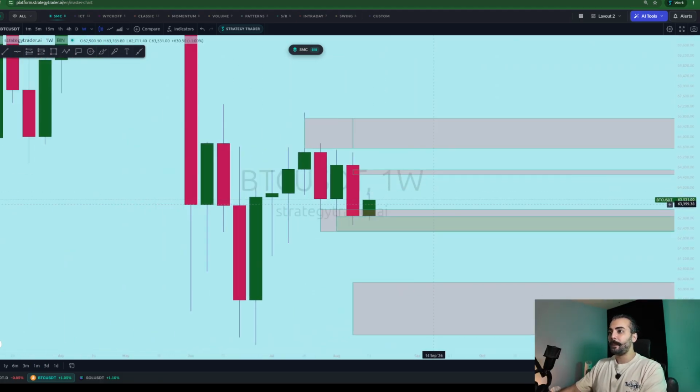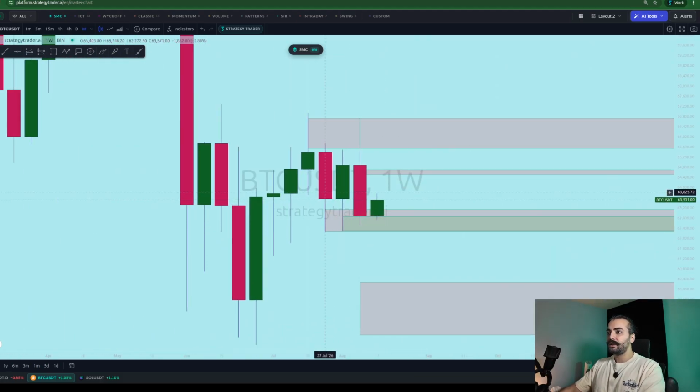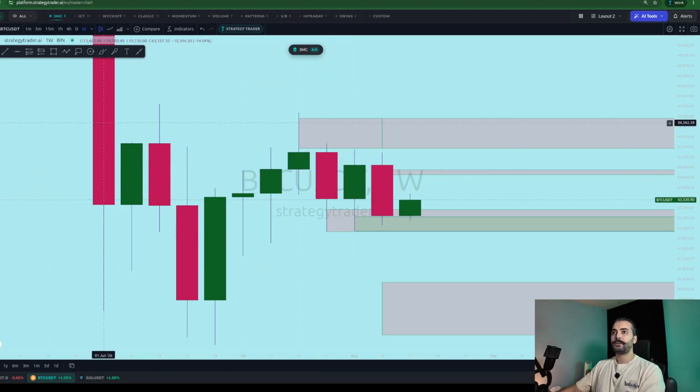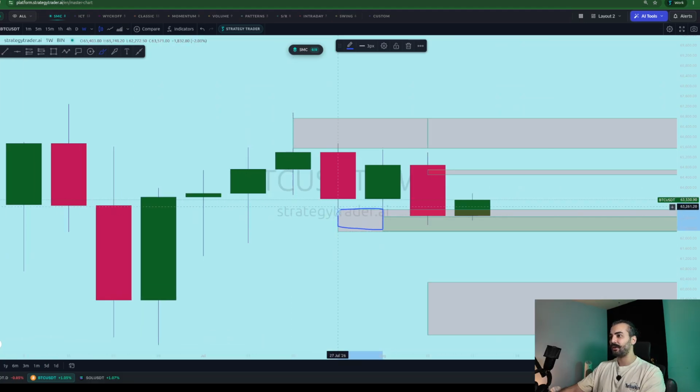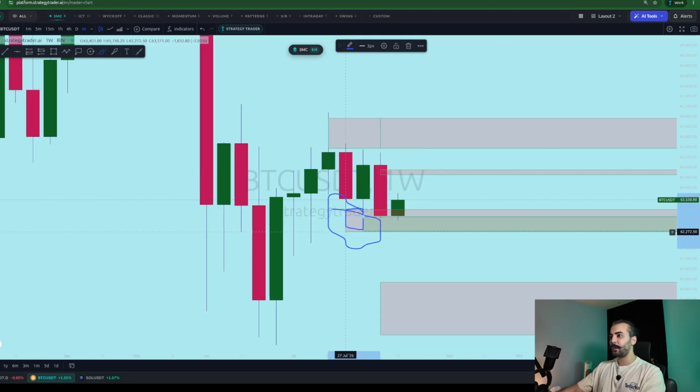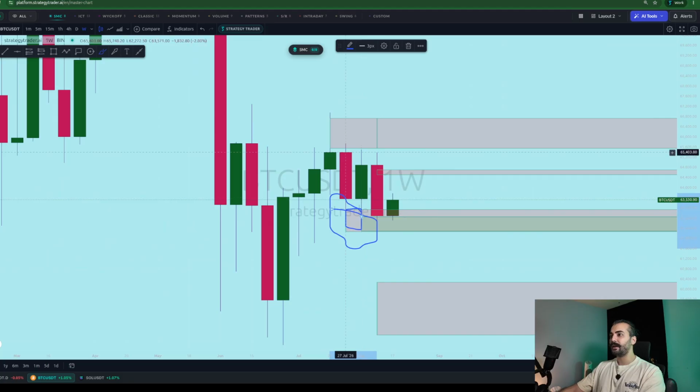Right now, as you can see, let's talk about these two candles, the red one here and then the green one here. These two candles got supported from this zone, this red box that I have here.